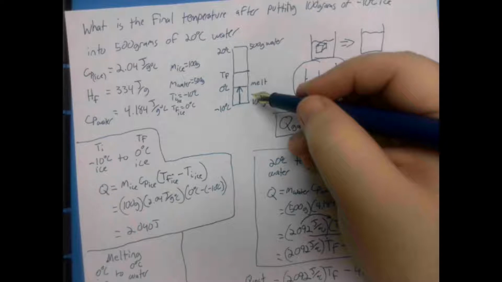I personally like solving these problems completely using algebra and one equation. But I admit, it is very, very easy to make a mistake. The reason why I like doing it is because I can write a general formula. So let's suppose we start at some temperature T1 with a mass here.